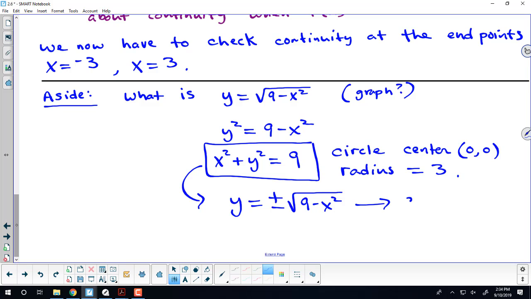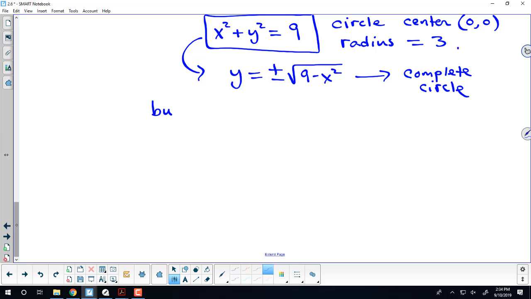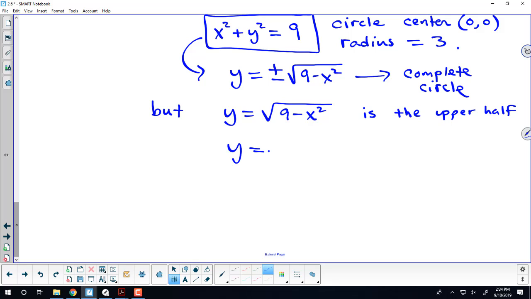This is the complete circle. So the graph is just the circle in quadrants 1 and 2, not 1 and 4. y equals root 9 minus x squared is the upper half, where y is positive. If we had y being the negative square root, that's the bottom half of the circle, where y is negative.